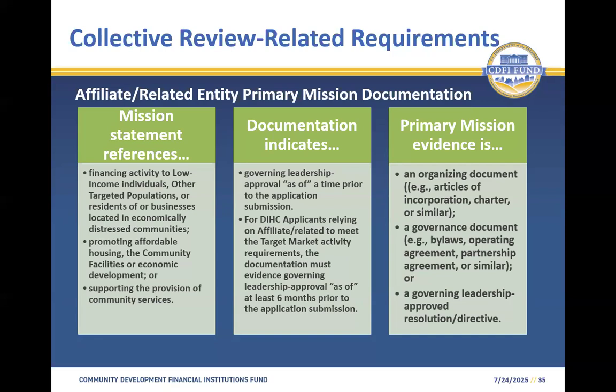The mission itself must be approved by the organization's governing leadership. And for DIHCs, well, let me back up and say, when the applicant is a DIHC, the relevant affiliates that are providing information about their mission must have a primary mission of community development for at least 6 months and approved prior to the submission of its application.